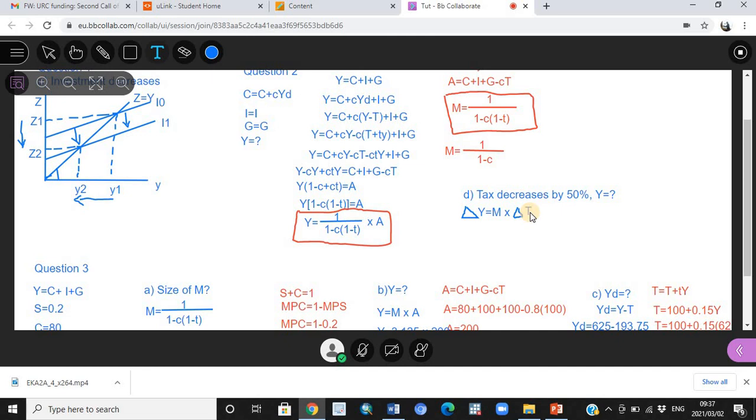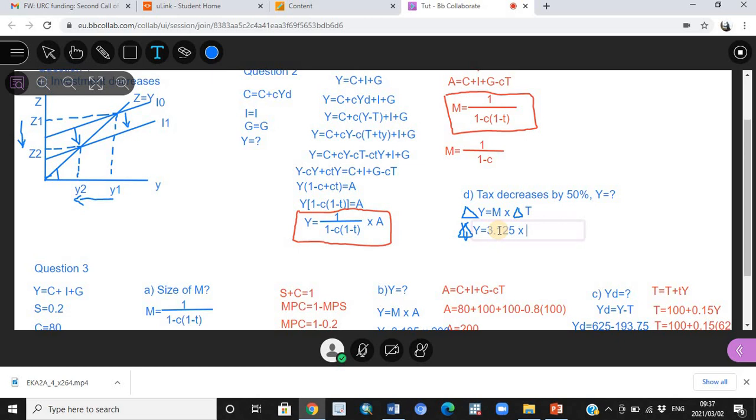This is just 50. It is basically 0.8 multiplying 100, which is going to be 40, as you know. So the variation of y is going to be equal to 3.125, and it should be multiplying.